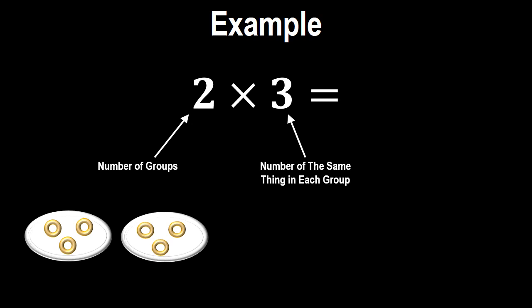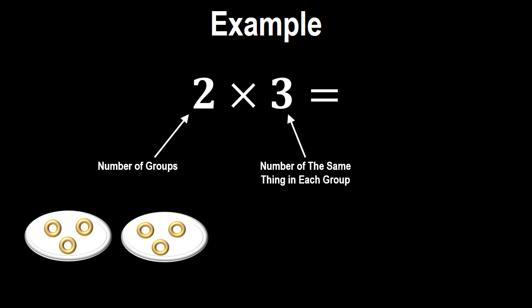Okay, now from our definition, we said multiplication is just adding the groups of the same thing to form a collection of that same thing. The same thing here we have is donuts, and the number of groups is 2.